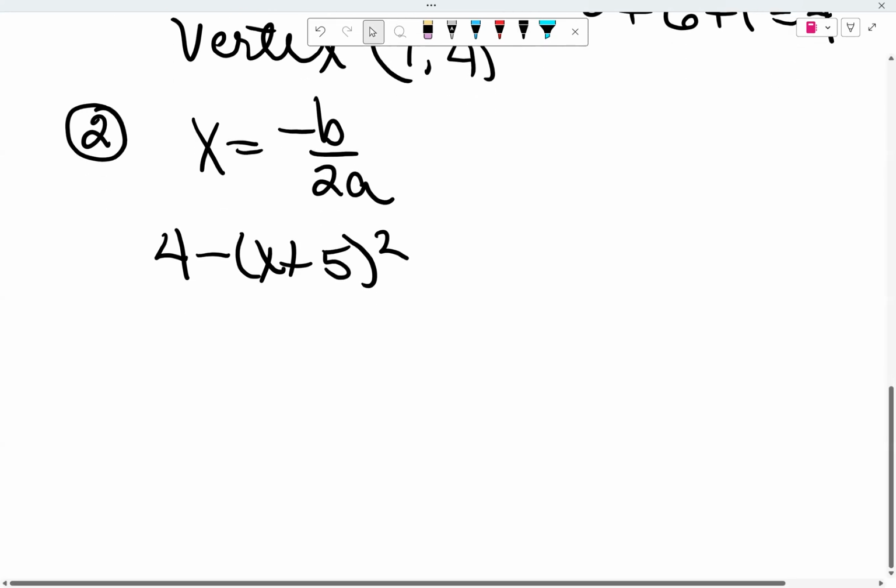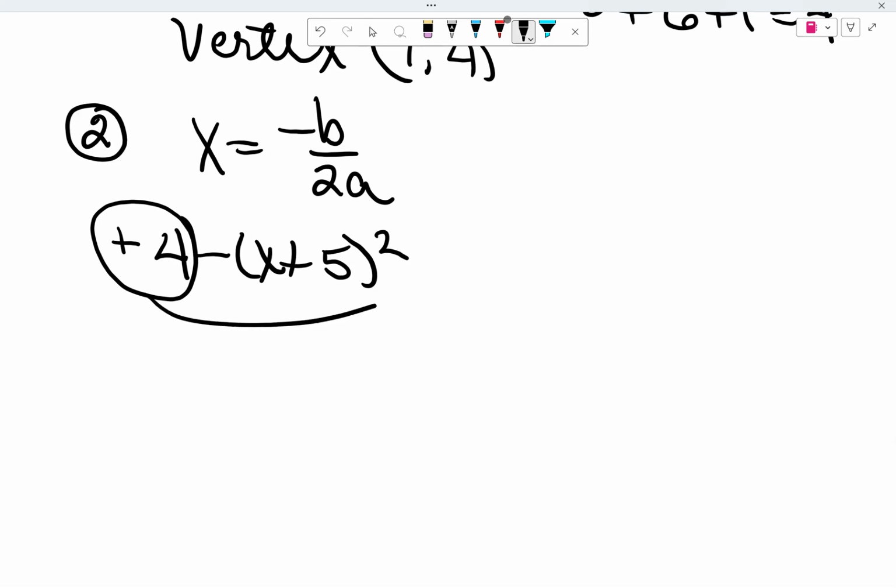That's all they're trying to do. So remember, this is plus 4. All of this can be moved simply over here. So this is negative a, which is negative 1, x plus 5 squared plus 4. It's that simple.